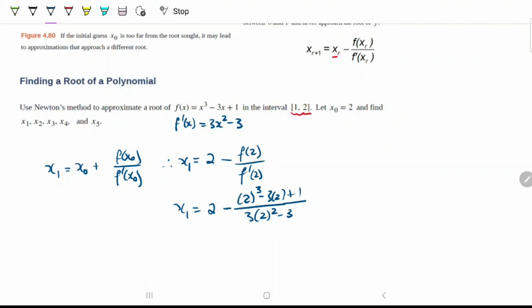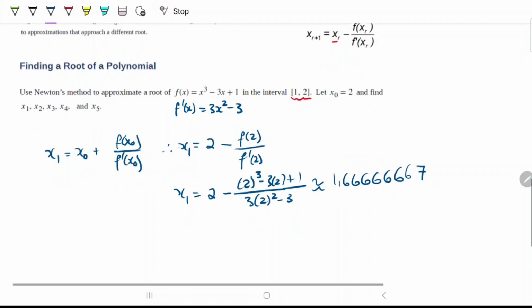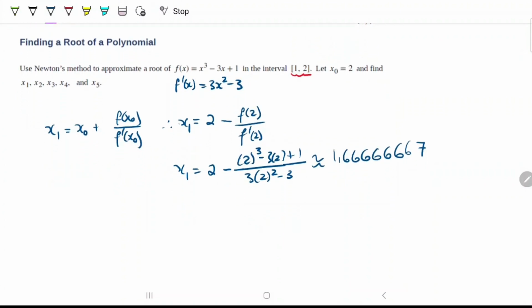So what we'll then do, if you just plug this straight into your calculator, you'll see that you will get an approximation of about 1.6666667. And the whole idea that boils down from this is that once you do this, you will then try to use x2. But now in x2, you will substitute your previous solution.